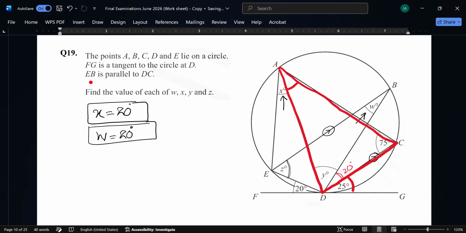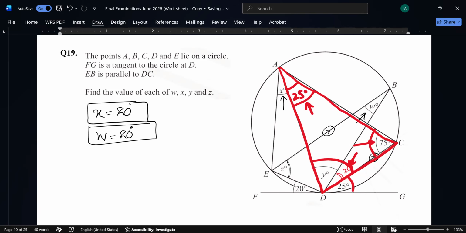It was 25, this will be 25 as well. The sum of all three angles makes 180 degrees. Now I can find y easily. To get y, I add 25 with 75 with 20 and subtract from 180.